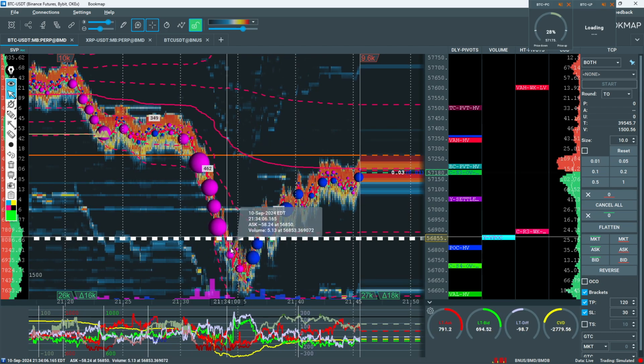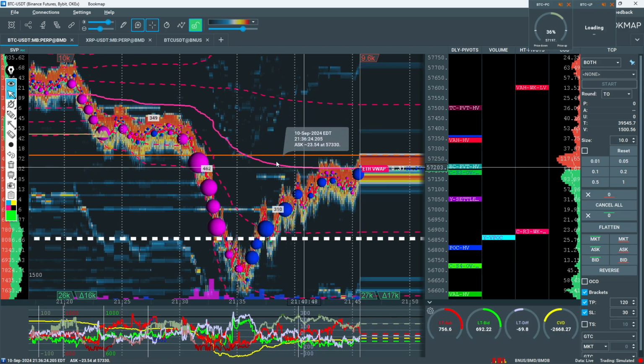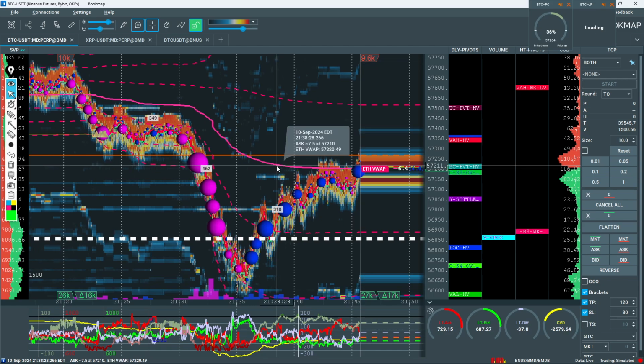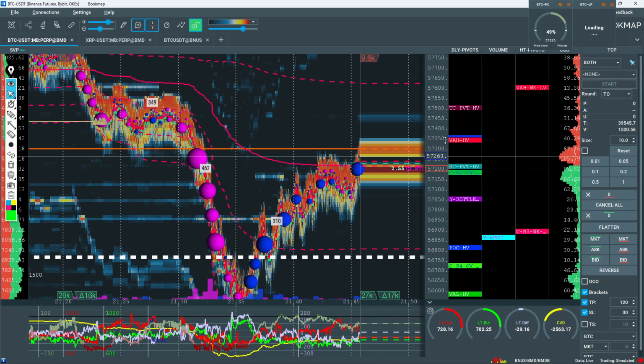We came down to yesterday's VPOC, and now we're getting a little pullback here to VWAP. This is anchored from the beginning of the session at 8 p.m., and now we're getting a retest probably of the central pivot here.